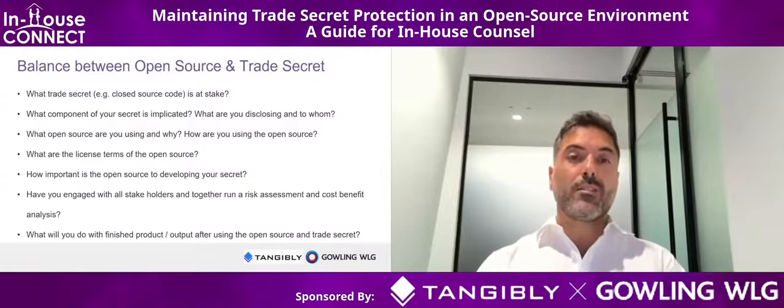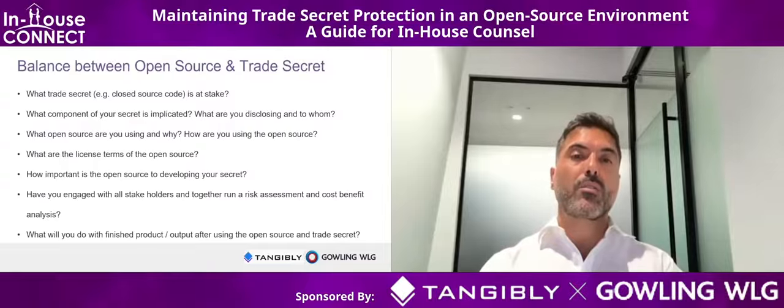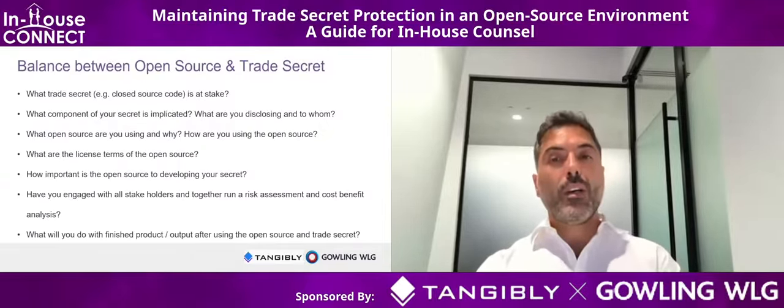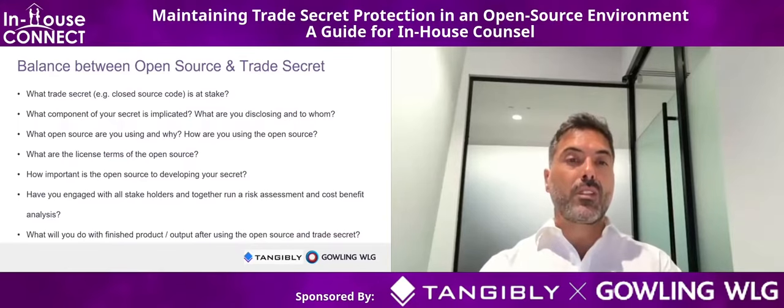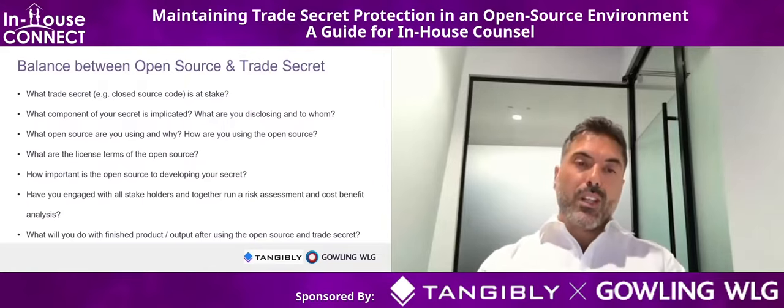Quite often, it is very necessary to engage with all concerned stakeholders within your organization to run with them a risk assessment and cost benefit analysis. So it's very important not to work in isolation. It's always strongly advisable to loop in all the stakeholders.